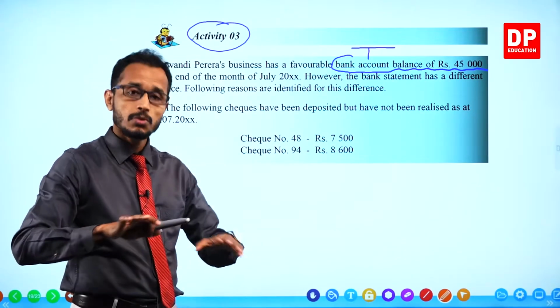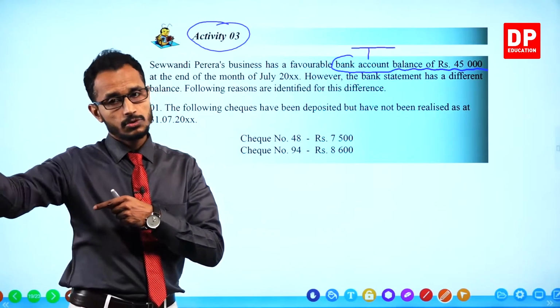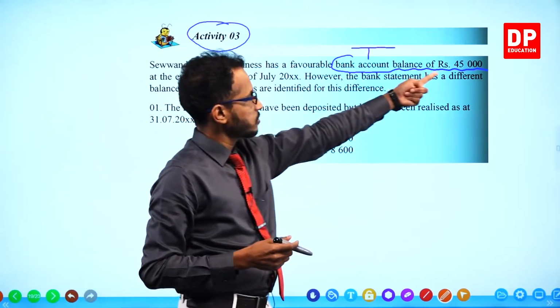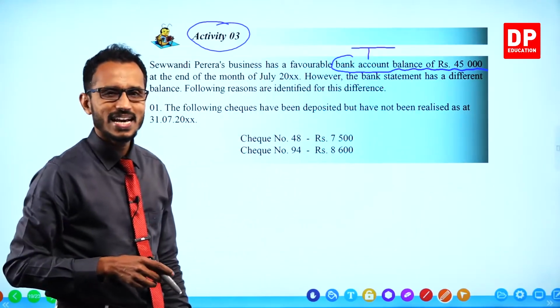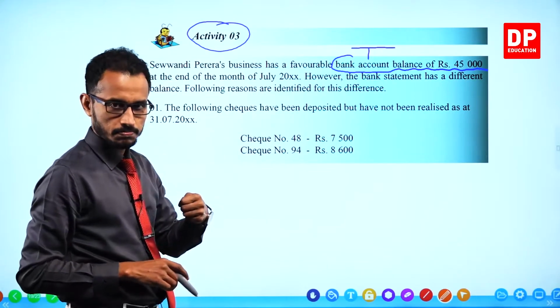Favorable balance means positive balance. There is money in the bank account. 45,000 is the balance brought forward in the bank account at the end of the month of July.